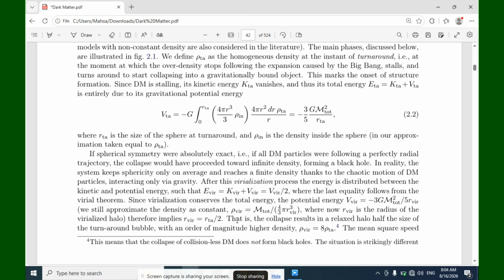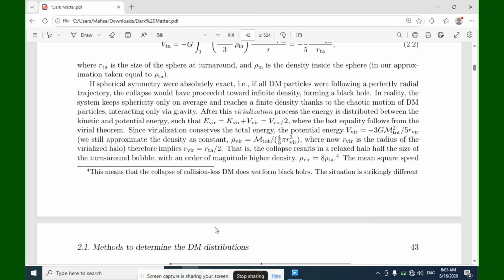We still approximate the density as constant, rho virial is equal to M total divided by 4/3 pi R virial cubed, where now R virial is the radius of the virialized halo. This implies that R virial is equal to R TA divided by 2. That is, the collapse results in a relaxed halo half the size of the turnaround bubble with an order of magnitude higher density, rho virial is equal to 8 rho TA.